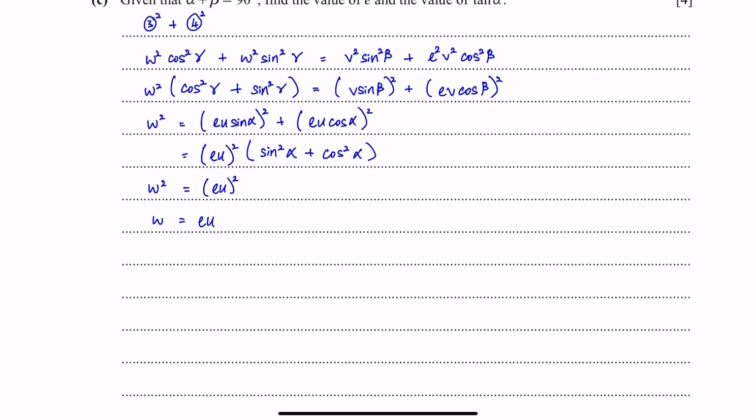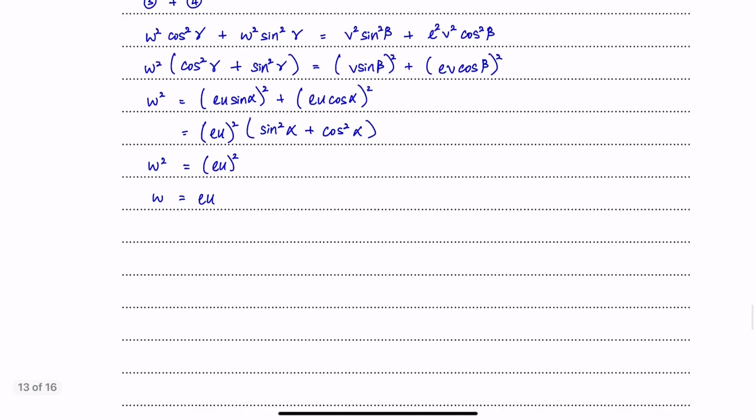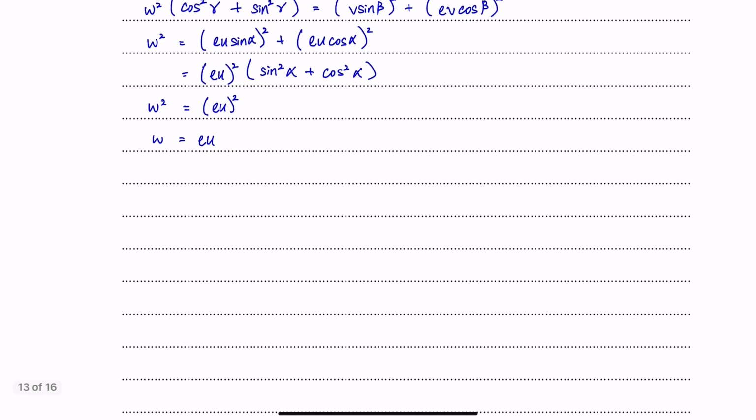So now that we have the value of W, we can start using this information. The final kinetic energy, which is half m W squared, is equal to 1/9 of the initial kinetic energy, which is half m U squared. So W equals EU.